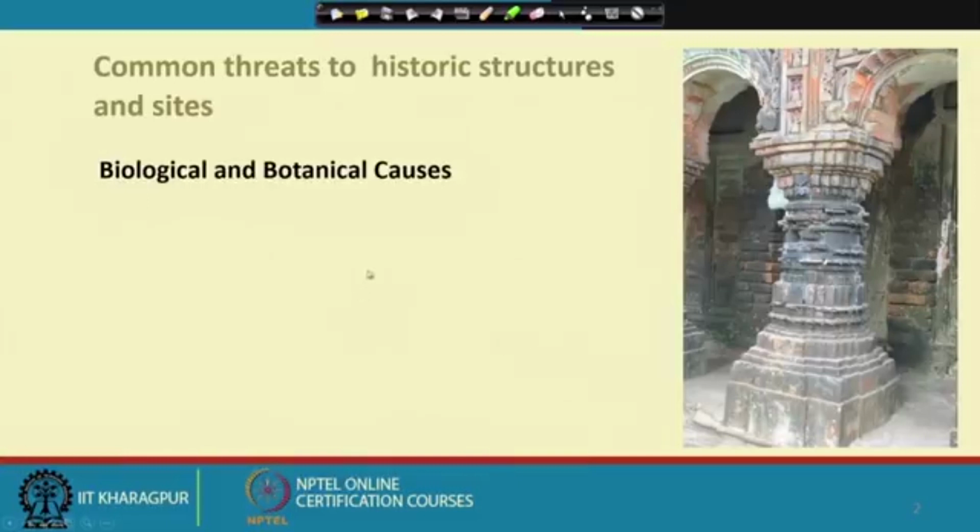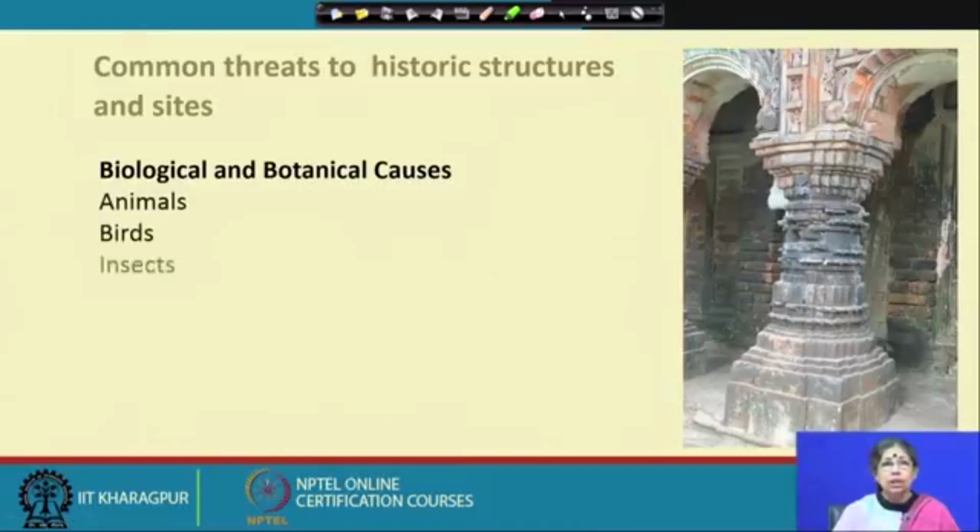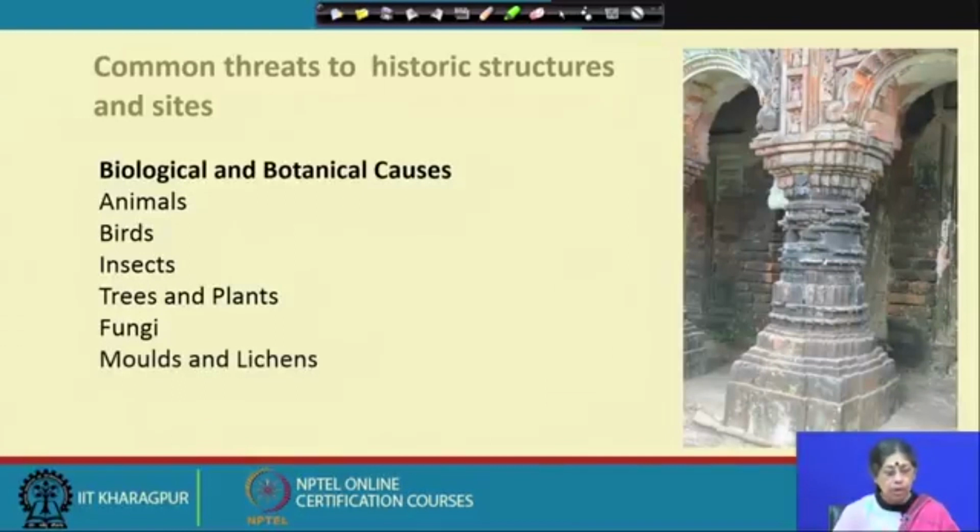So, these mainly come under the biological and botanical causes, which we ascribe to animals, birds, insects, trees and plants, fungi, molds and lichens, and also algae and moss, and there are various categories of them.